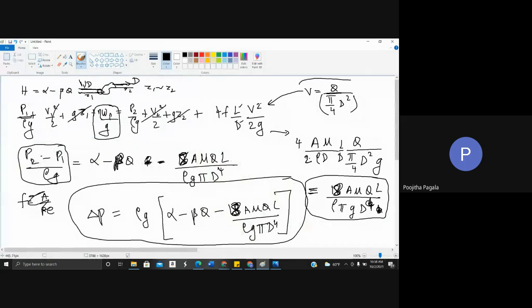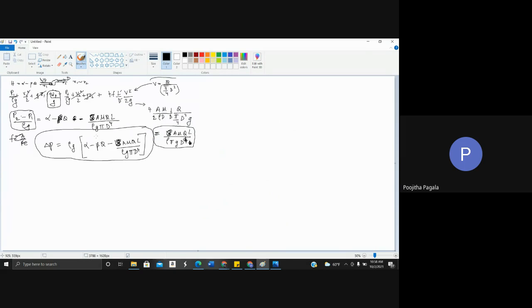We can extend the same problem from here. What they're essentially meaning is, we have some pressure loss in the pipe. What is the flow rate that is required to exactly overcome this pressure loss? That is the question they are asking.